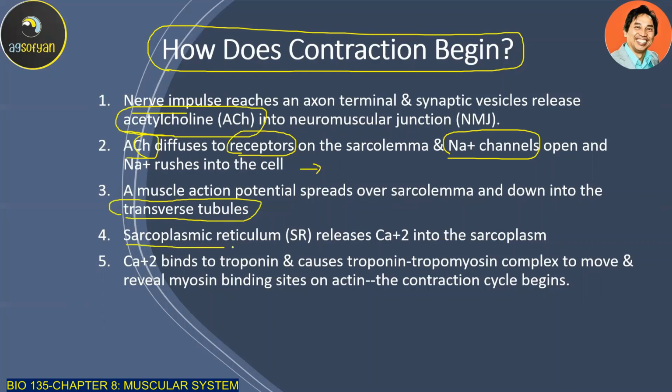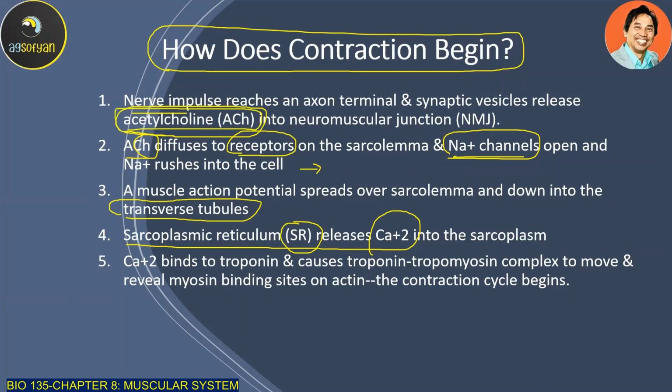Inside, it will trigger the release of calcium from the SR. So the calcium is needed for contraction, right? It will bind to the troponin. However, to be released, it requires sodium, and sodium enters the cell because of acetylcholine, the neurotransmitter released by our motor neuron.